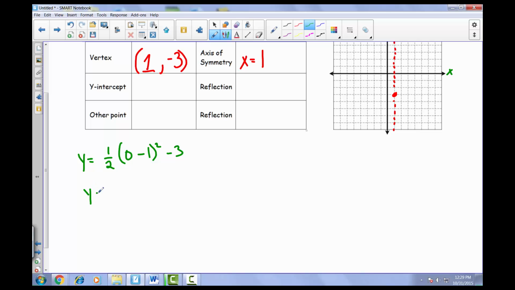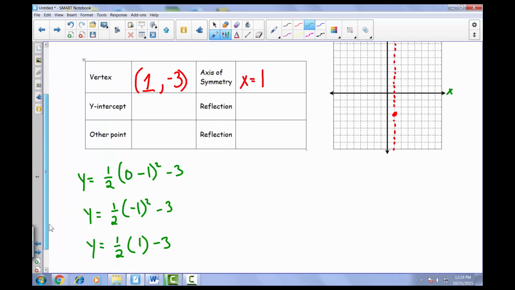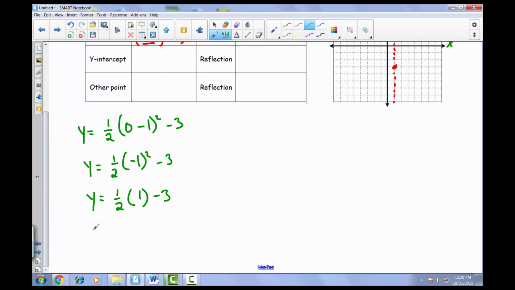So really we have y is equal to 1/2 times -1 squared minus 3. -1 squared comes out to be +1. So we have 1/2 times +1 minus 3. Half of 1 comes out to be 1/2. So y is equal to 1/2 minus 3.